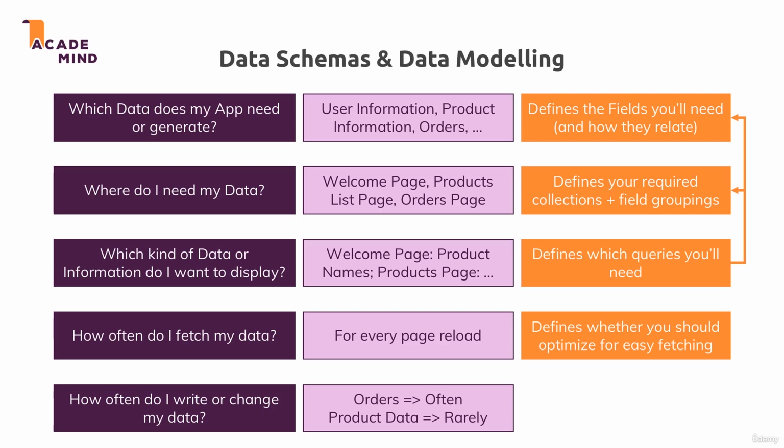Product metadata, on the other hand, might be distributed across different collections because, well, you don't change it that often. So if you change it, you have to touch multiple collections, but that's no problem. The main focus is that you can fetch that data from the different parts of your application in the format you need. So these are some things for you to keep in mind or to think about.